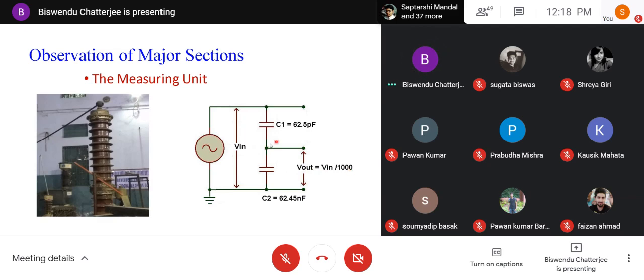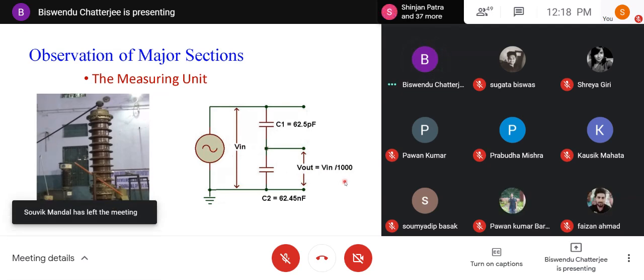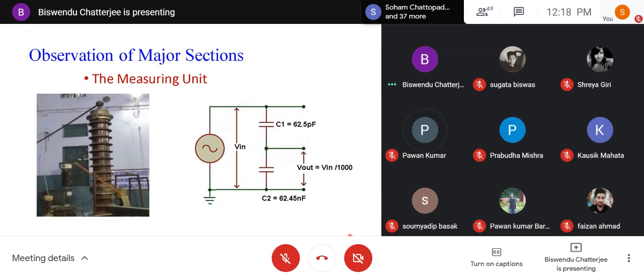That means if V in equals 50 kilovolts, what will be the V out? You tell me. 50,000 volt V in, what will be V out? 50. 50,000 by 1000, 50 it will come.